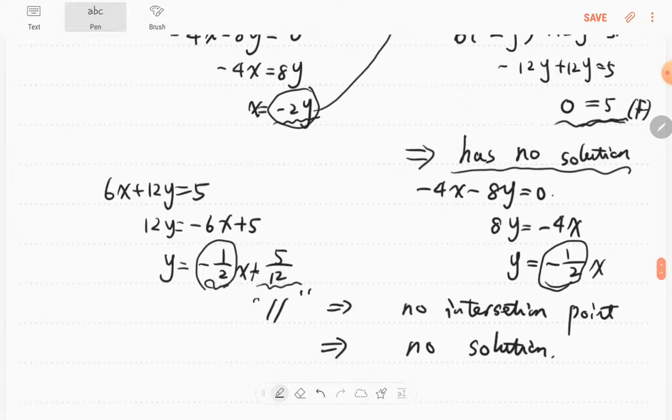Okay, we already tested. This is correct. We used the slope-intercept form method to test. We get the same conclusion. There's no solution for this kind of system because the two lines are parallel to each other. Okay, so that's all for 4.2, the substitution method.